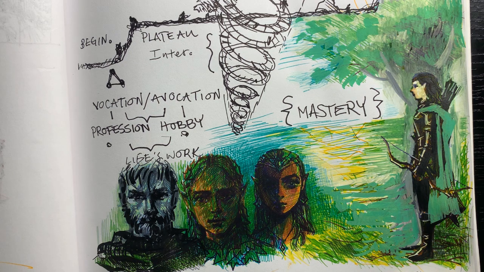But in the intermediate level, once you get good at a certain thing, then you want to keep expanding your skills. It could be something like adding color, adding different mediums.